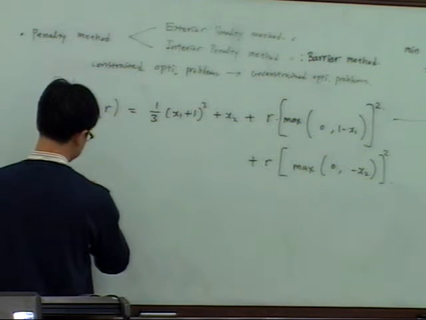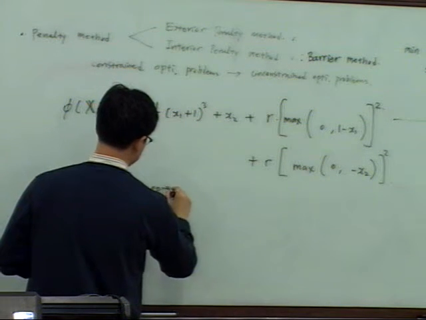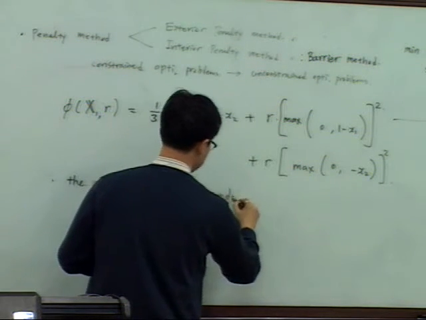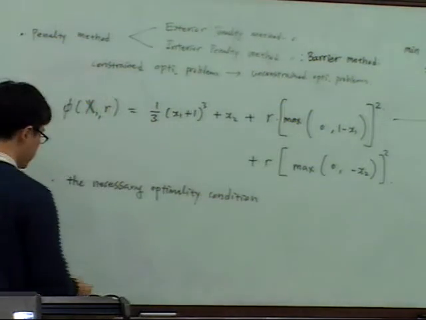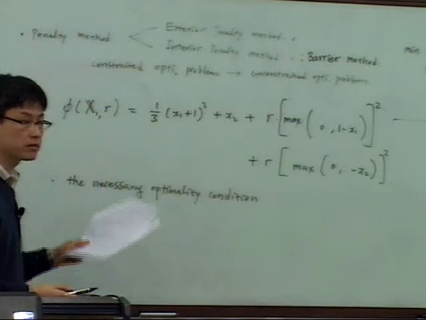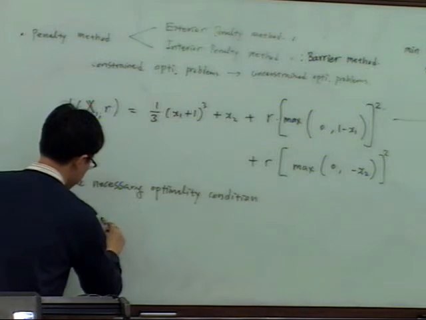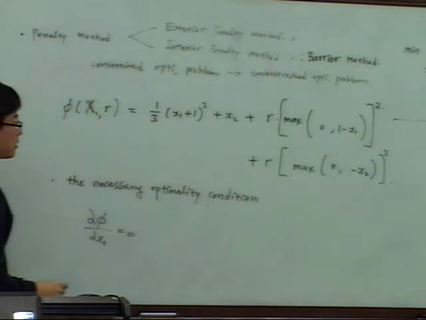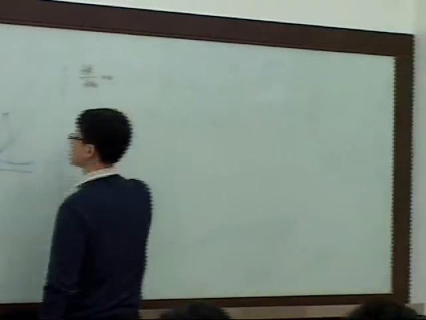Okay, the necessary optimality condition is the gradient of this phi should be 0, right? Which is exactly the same as del p over del x1 should be 0. And at the same time, del p over del x2 should be 0.